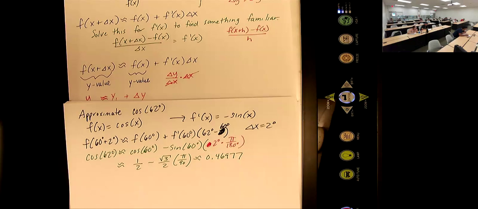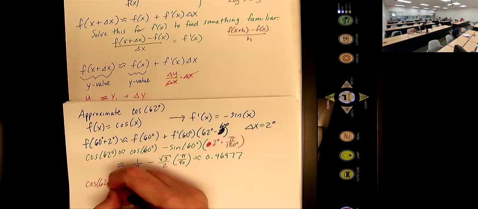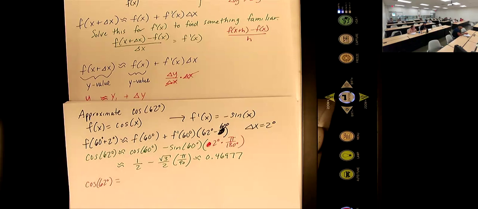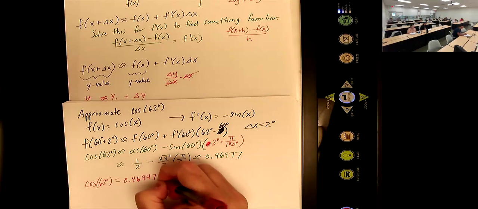And so you can do that, and you can get that. The actual cosine of 62 degrees is 0.4694715562.